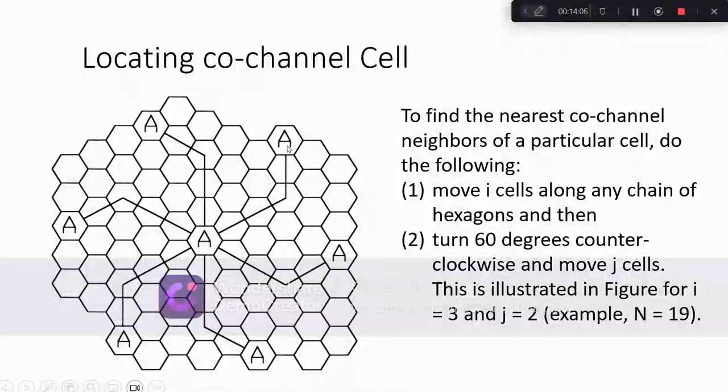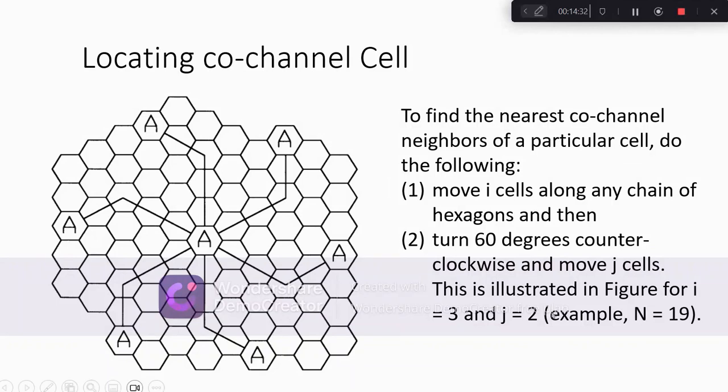Now A is a co-channel cell with this A, which is a co-channel cell with this. So all these A cells are co-channel, which means that they are using the same frequency and providing services to their users.